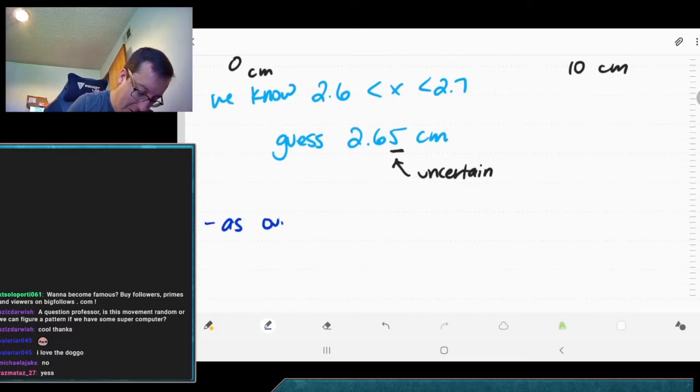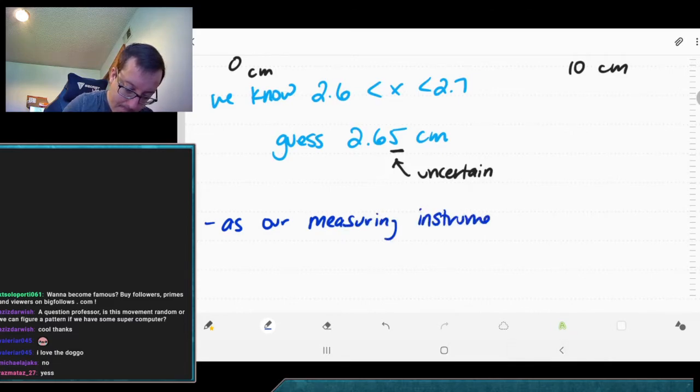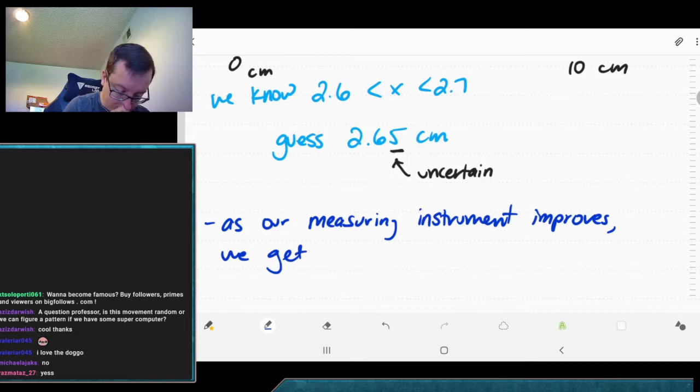As our measuring instrument improves, we get more accurate numbers.